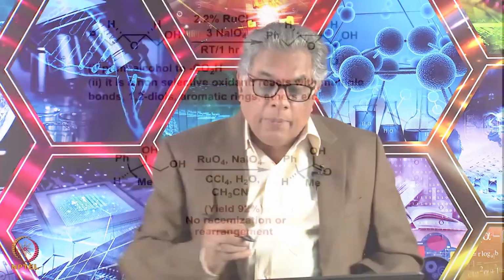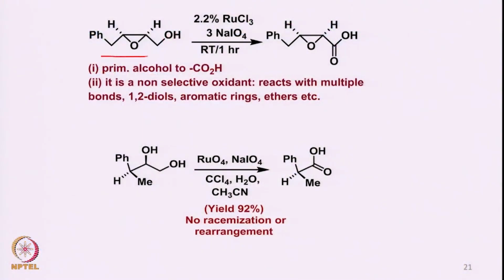Interestingly, when you have a substrate of this type where there is a primary alcohol, and that primary alcohol under these conditions of ruthenium trichloride, sodium metaperiodate allows oxidation to give the corresponding carboxylic acid in a very short time, such as 1 hour.